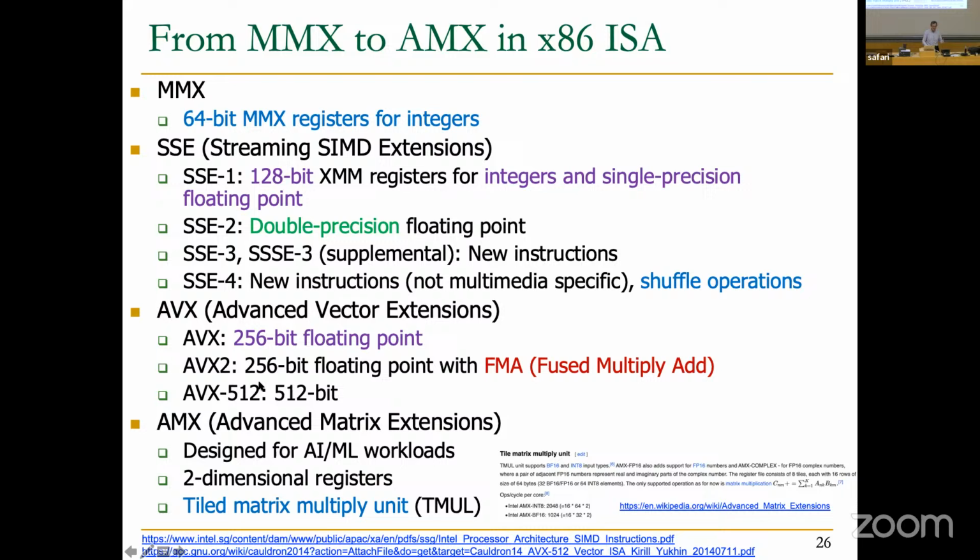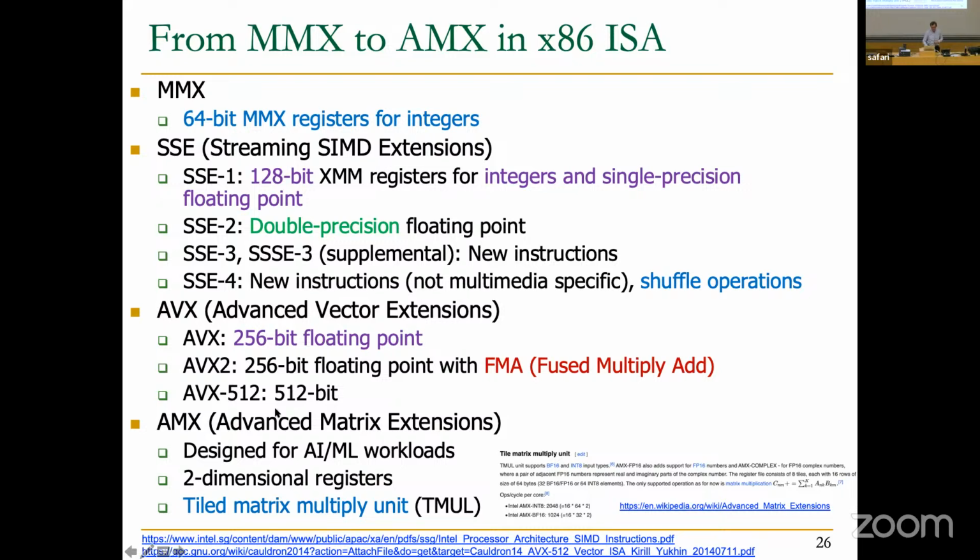AVX extensions are also the older version right now. Now you could operate on 512-bit things. Now 512 bits is, if you're operating on 8-bit values, that's 512 divided by 8, right? That's 64 elements at a time. If you're operating on 64-bit values, still 8 elements at a time. Not bad, right? But of course, think about 512 bits now. Now your memory system needs to support all of that as well.